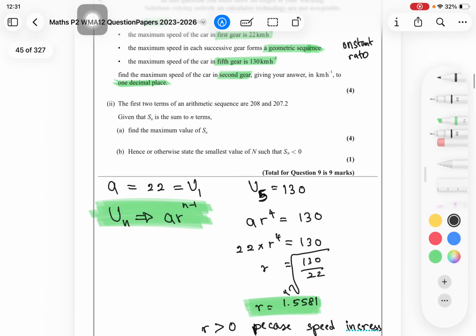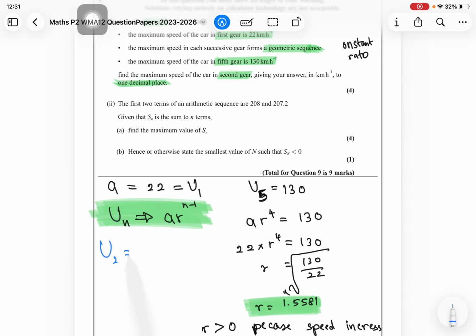Now for the question, they are asking for U2, which is ar^(2-1), which is ar^1. So 22 times 1.5581. So you have the speed very easily.